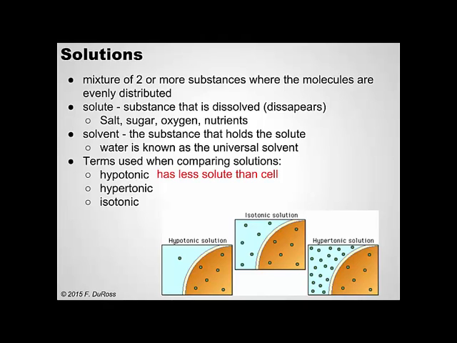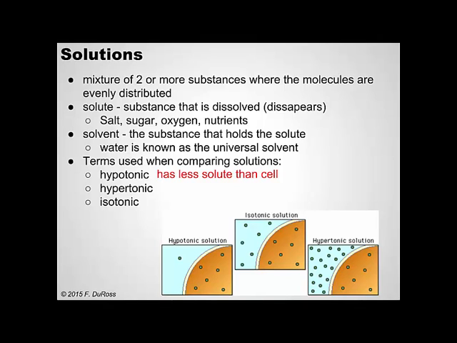So when we talk about a solution that's hypotonic, it has less solute than the cell, if we're talking about cells. It's hypotonic to the cells. So here, if I have in brown a cell with some material dissolved in it, the extracellular material here, the blue, is hypotonic. It has less solute in it.